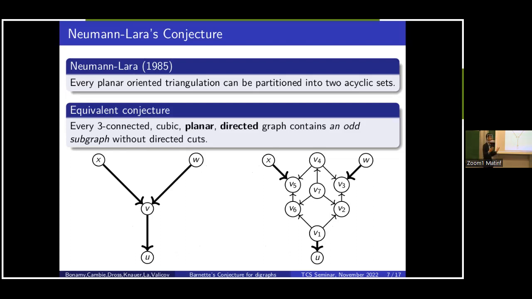So say if every perfect matching in my original graph contains a directed cut, then when I transform it, this odd subgraph must also contain a directed cut. So let's try to see why that is the case.